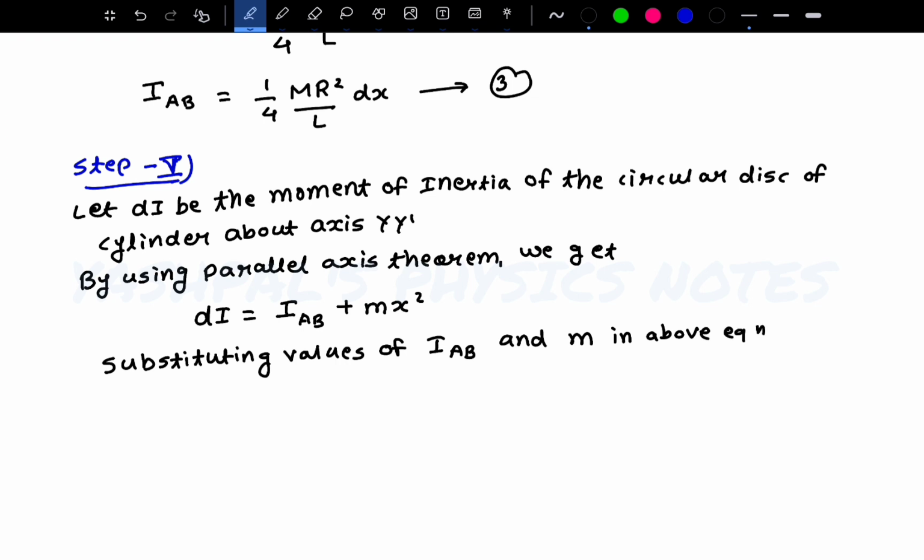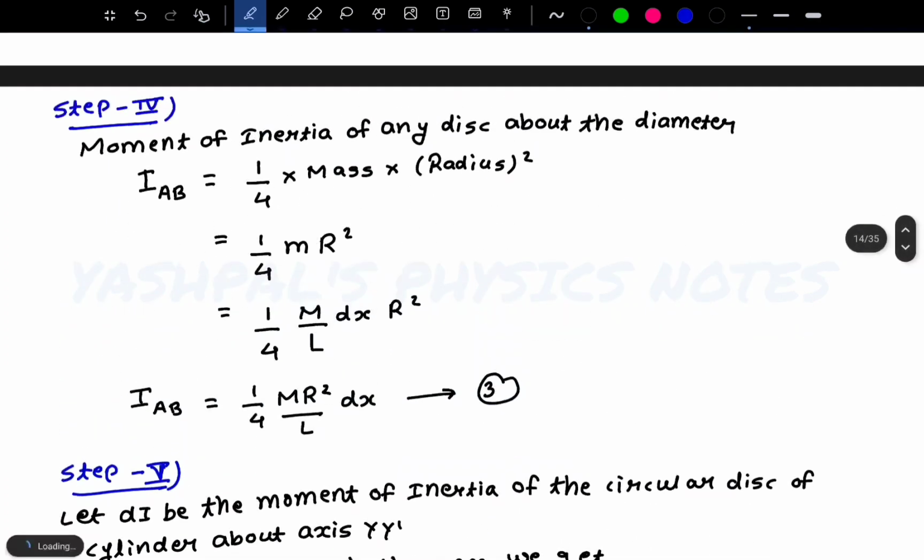So therefore our equation becomes dI is equal to 1 by 4 m r square by L dx plus, what was the value of small m?